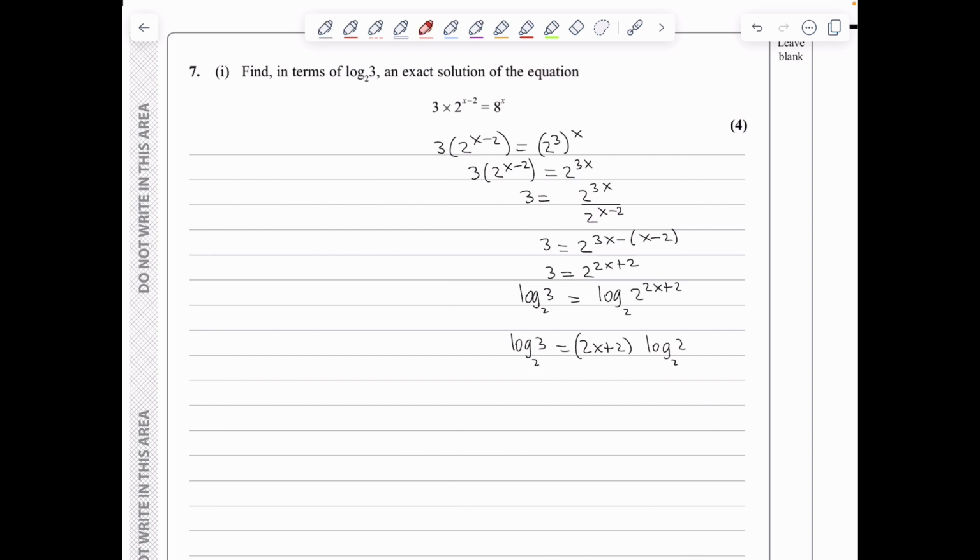Well, we know that log of 2 base 2 is simply 1, and therefore we get that log of 3 base 2 minus 2 is 2x, which means that log of 3 base 2 minus 2 and all of it over 2 is equal to x, which is the exact solution to the given equation involving log of 3 base 2.